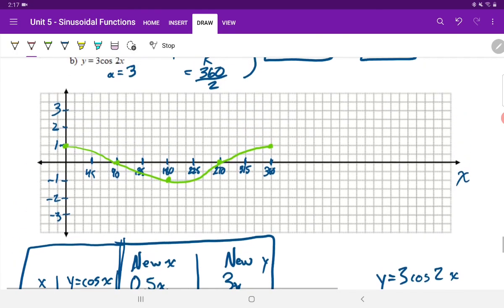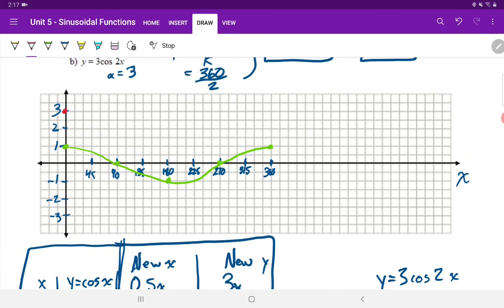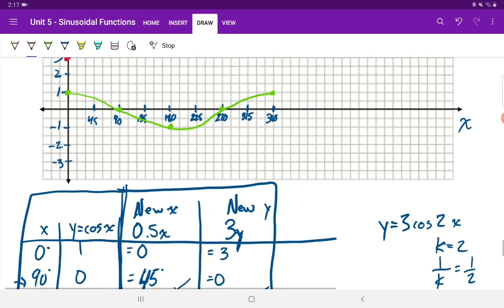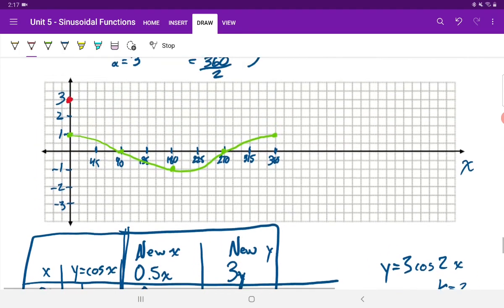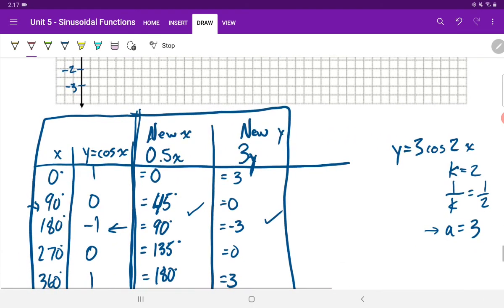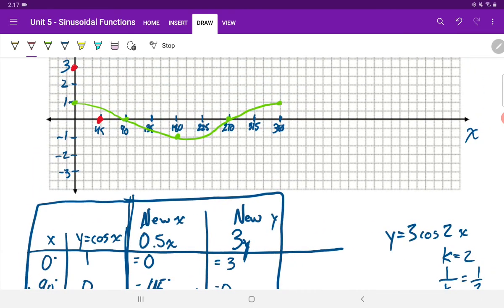So 0, 3, and it's vertically stretched by a factor of 3 as well, right? So the new y-intercept is at 3. 45, 0, 90, -3, which brings us back here, and then complete it at 180 degrees.